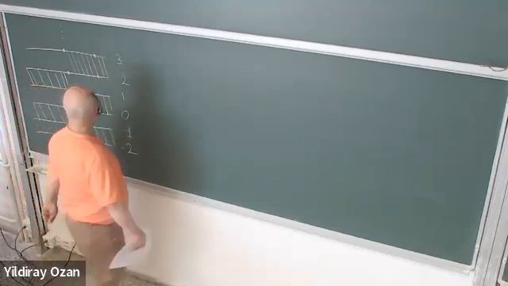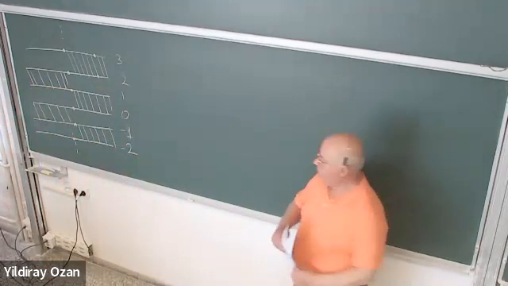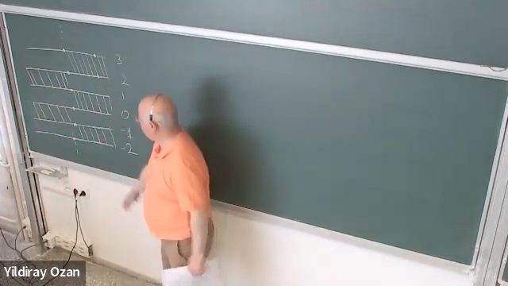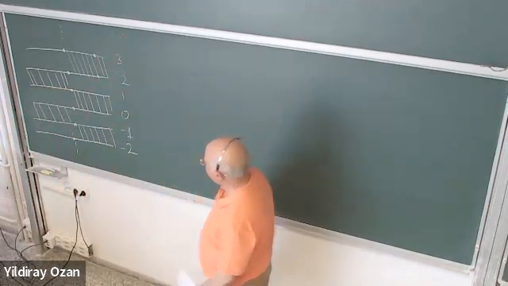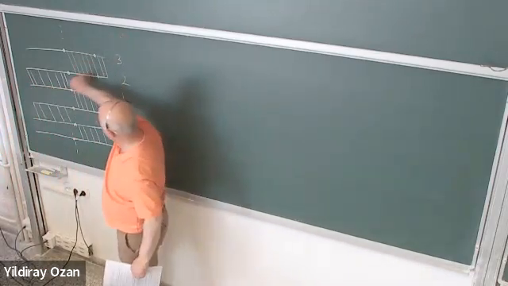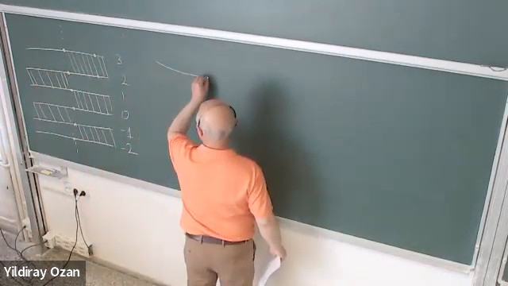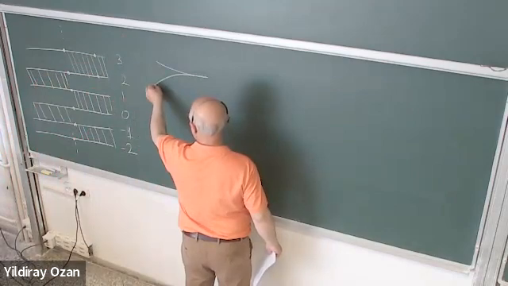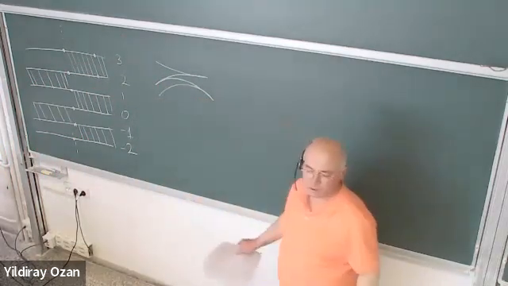Okay. So it's like a stairs, infinite stairs going in both plus and minus infinity. So you just identify this end, this end. So it's something like this.